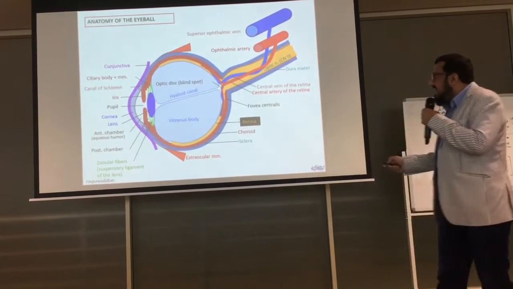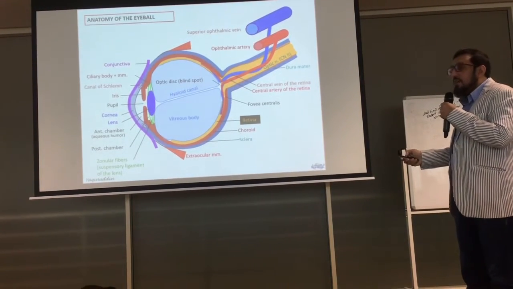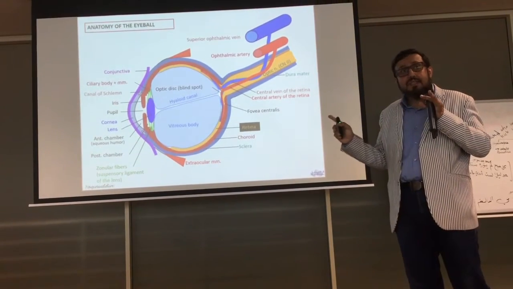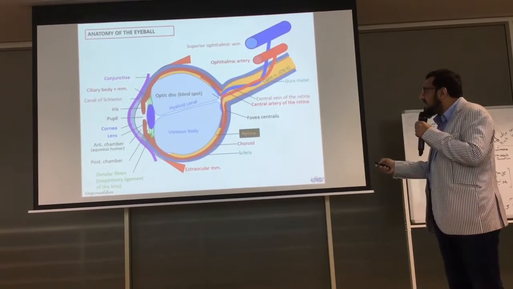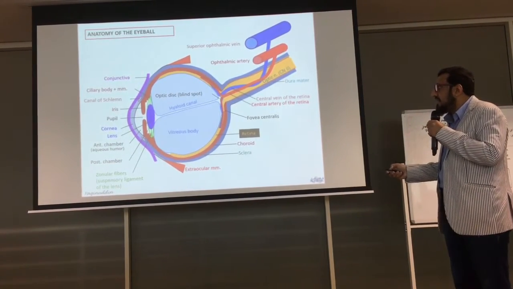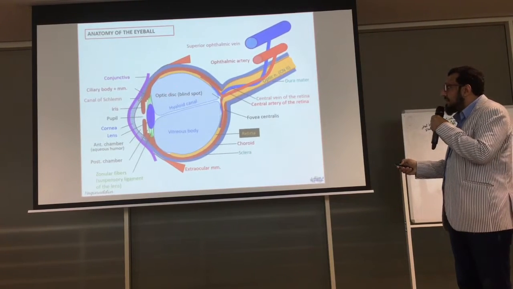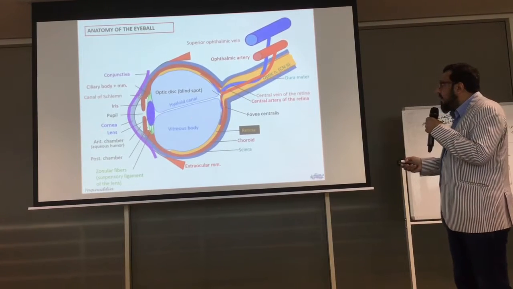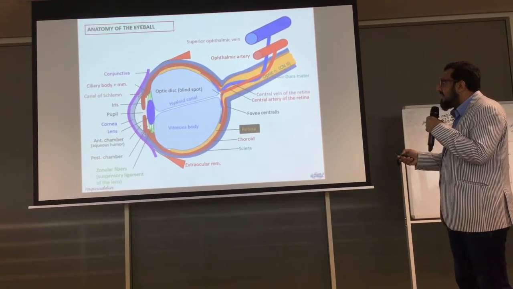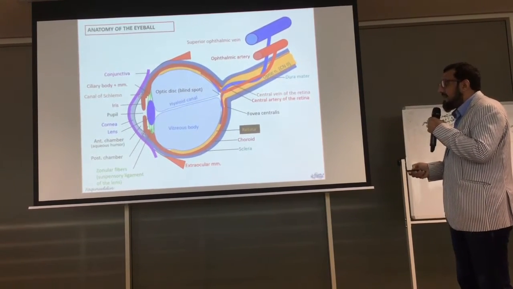Okay? This lens divides your eye into two segments, the posterior segment and the anterior segment. The posterior segment is filled with a jelly-like substance, pushing the retina against the choroid.